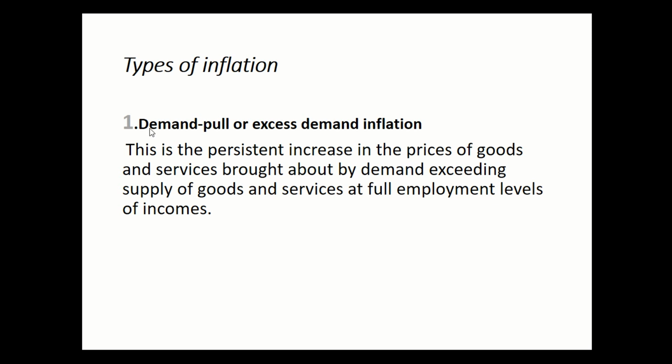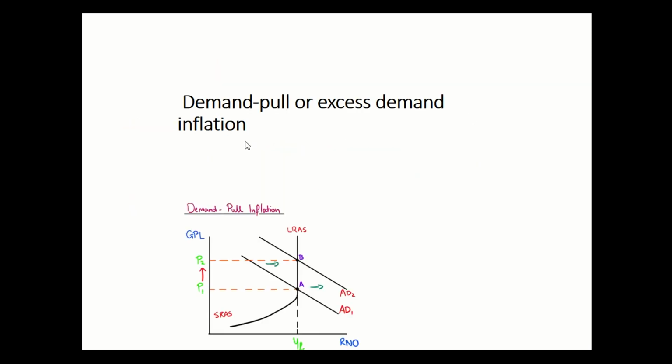Or in other words, demand pull inflation is an inflation that occurs when the aggregate demand exceeds the aggregate supply at full employment level of income. As in this graph, we are seeing that here you have aggregate demand 1 and aggregate demand 2, and price 1 and price 2.